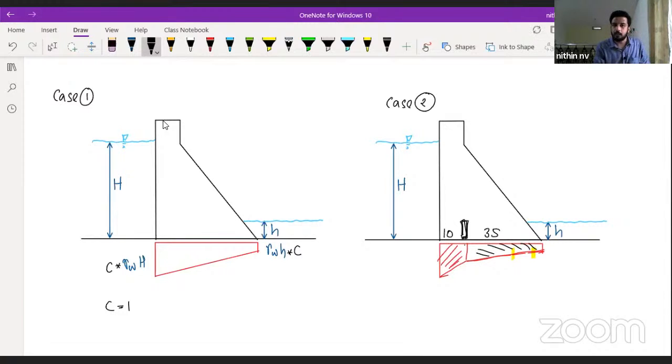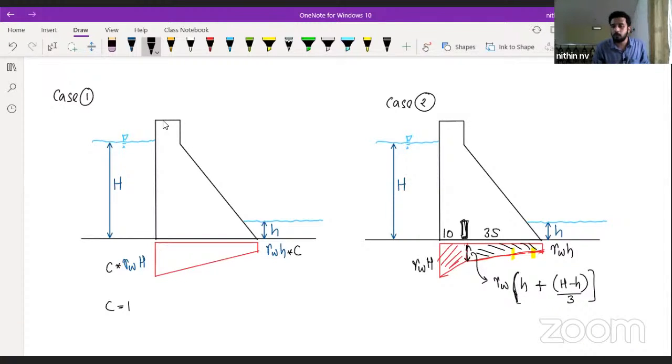So we have to calculate the first case, calculate the second case, and take the difference. Now very important: here we have C into gamma W into capital H, by default taking C as 1, and gamma W into small h. Now what will be this ordinate? Nothing but gamma W into, properly listen, small h plus (capital H minus small h) divided by 3.